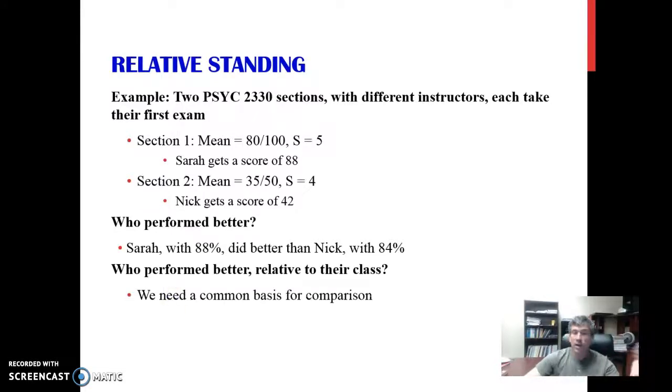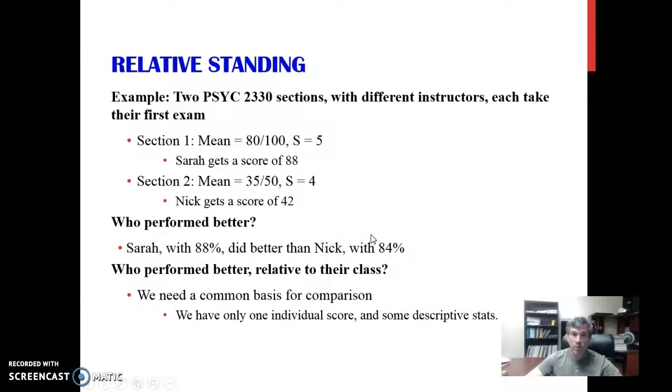To do that, again, we need a common basis of comparison. We need some way of standardizing things so that we can compare them on a level playing field, because again, they're worth different numbers of points. They have different levels of variability, as you see here from our standard deviations. Notice how little information we have.